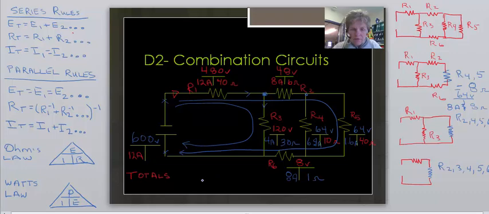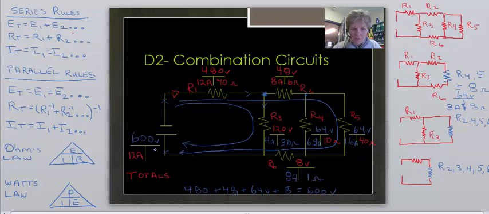So now I have 480 volts from R1. I have 48 volts from R2. I have 64 volts from R4,5. And back coming this way, I have 8 volts from R6, and all of that adds up to 600 volts. And so it's another way to double check to see if you're on track.